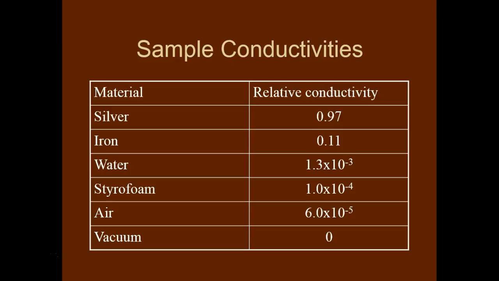Glass, 2.5 times 10 to the negative third. Tile, 1.6 times 10 to the negative third. Brick, block, 1.5 times 10 to the negative third. Water, 1.3 times 10 to the negative third. Wood, 3.0 times 10 to the minus 4. These are just relative units. So wood is a pretty lousy conductor.